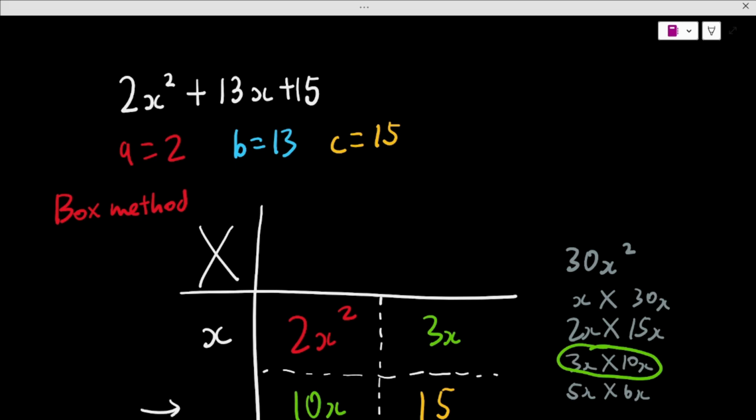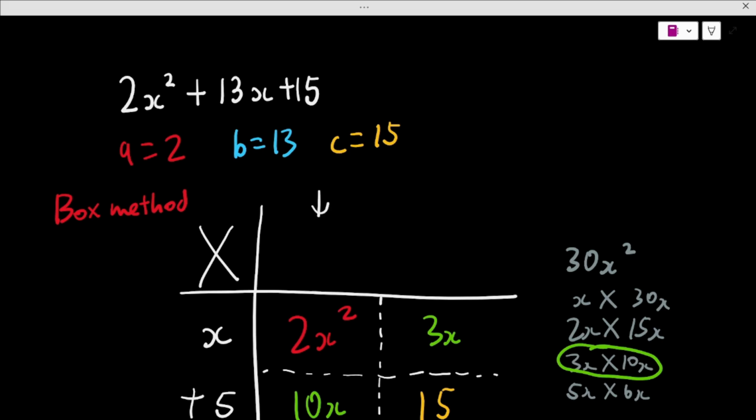Now let's look at this row right here. 10x and 15 are both divisible by 5, so we're going to put 5. Whenever you only have a number, it's good practice to write a positive or negative sign, depending on whichever is the case. You'll see why later.